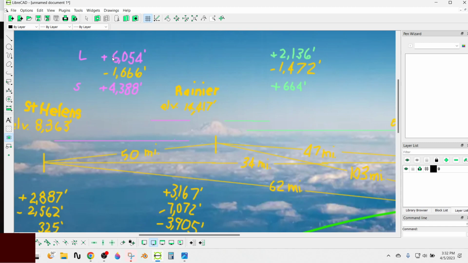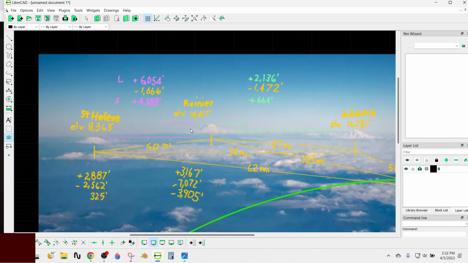But if you take the elevation difference of 6,054 feet between the top of Mount St. Helens and the top of Rainier, and the elevation difference of 2,136 feet between the top of Rainier and the top of Adams over here, that being 2,000 feet in relation to 6,000 feet is a lot more observable of the reality of how things would calculate out.